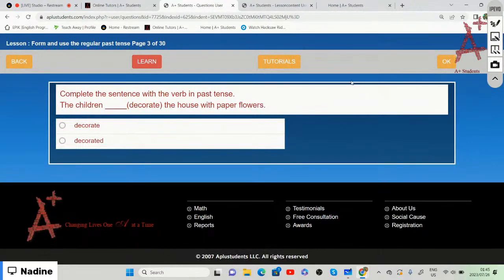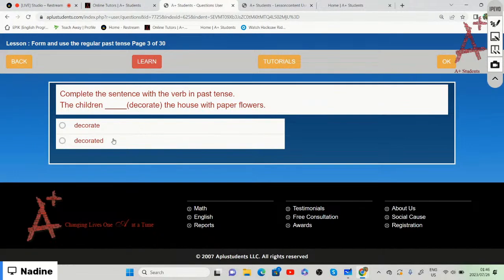The children decorate the house with paper flowers. We need to select the correct word that best shows the verb within the past tense. Decorate or decorated. So the children decorate or decorated the house with paper flowers. Decorate is something that you're doing now.